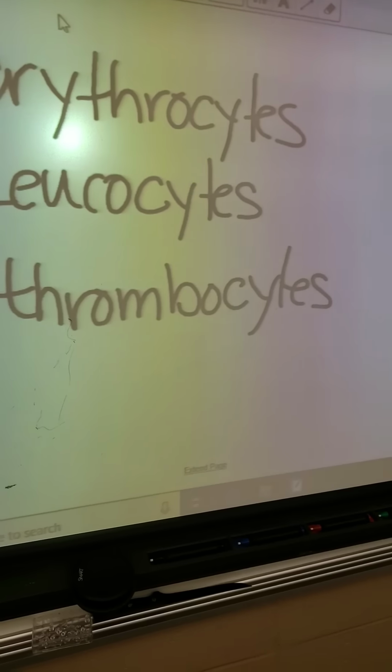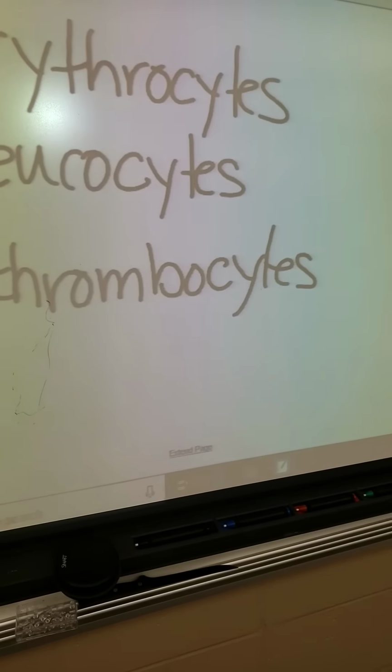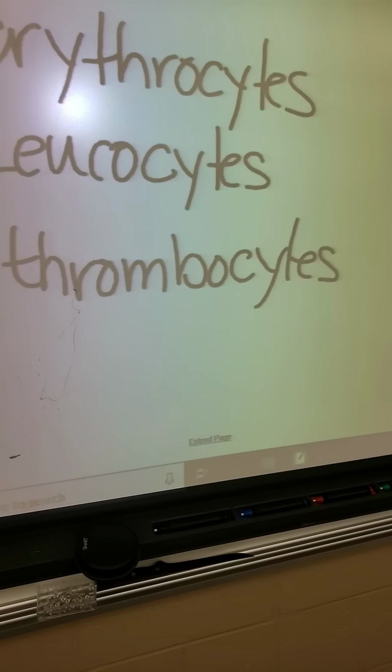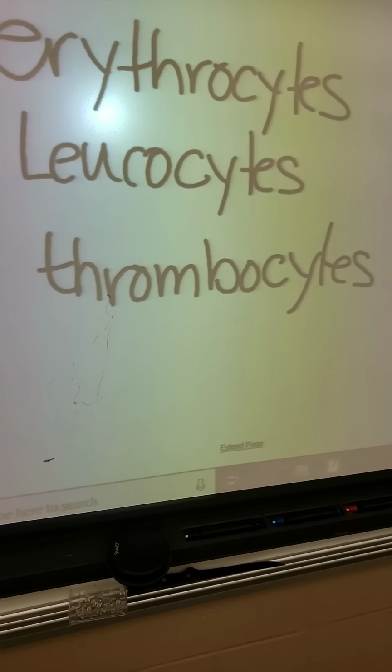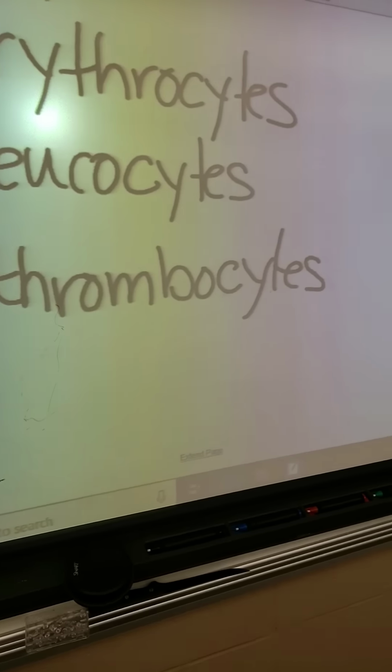RBCs produce an iron-containing protein called hemoglobin, usually abbreviated HGB.